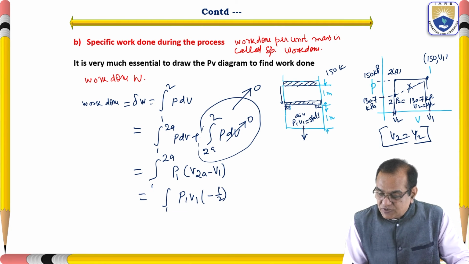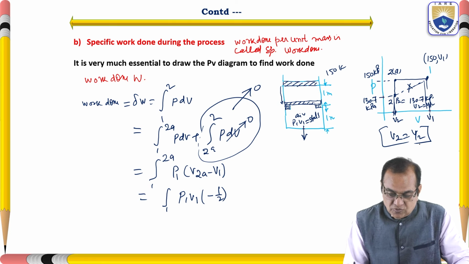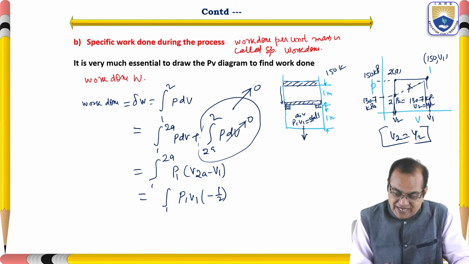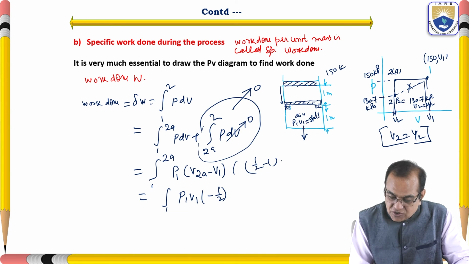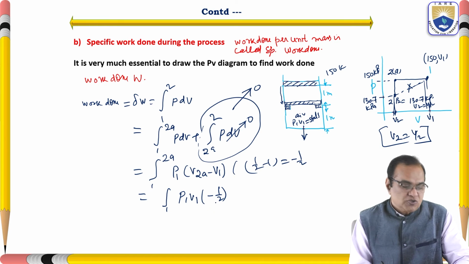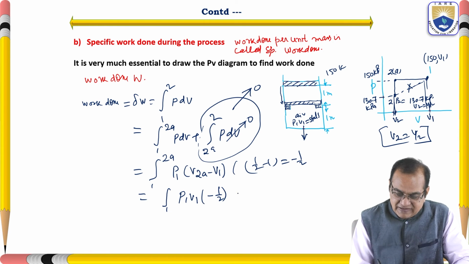Because it is given V2 is equal to V1 by 2. So V1 we have taken out. So here you will get half minus 1. So you will get minus 1 by 2.